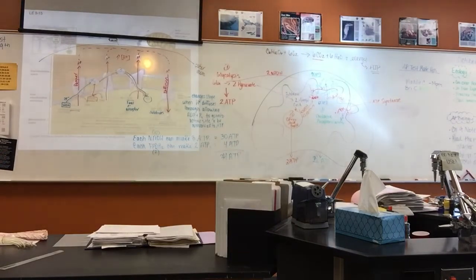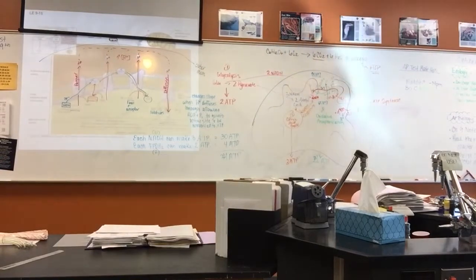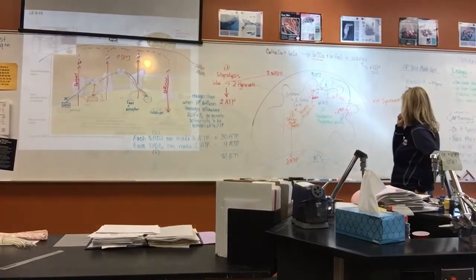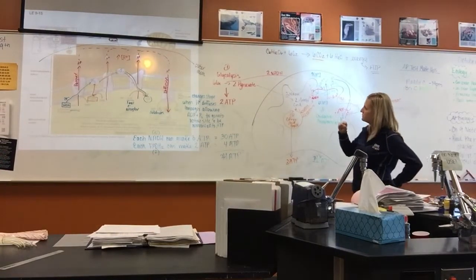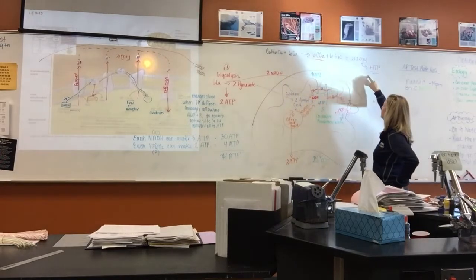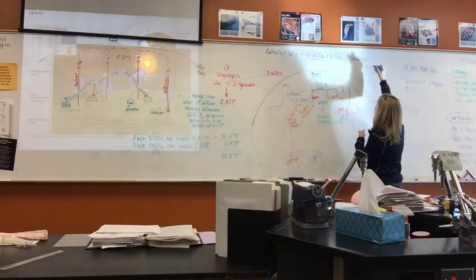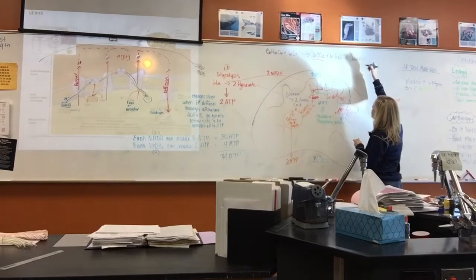That might not sound like a lot, but it's actually more efficient than burning gasoline in a car, which is about 25% efficient. So our cells are more efficient, comparatively speaking, than some of the things that we can manually design. So when we talk about energy released here, only about 40% goes to make ATP.